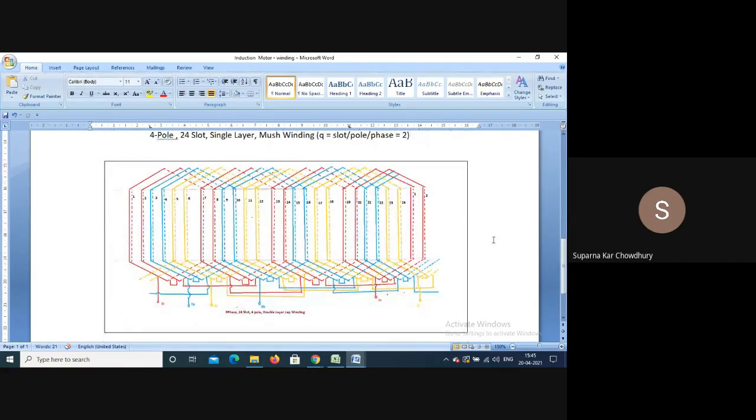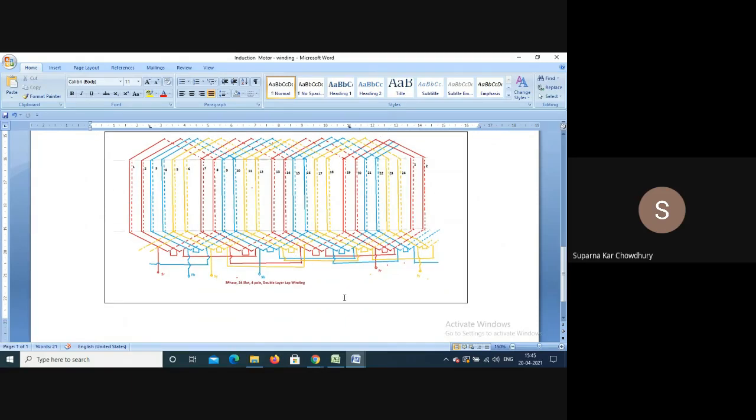Then normally we will have lap or wave connection, as you have studied in this machine. Here also lap or wave. This is a double layer winding, double layer lap winding. Same 24 slots. So this is the slot 1 and the lower conductor of slot 7. Then 2, 8. So this is the first coil.